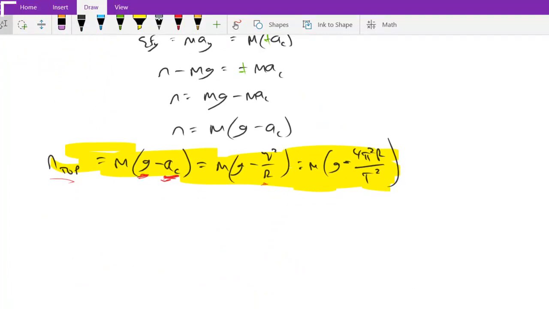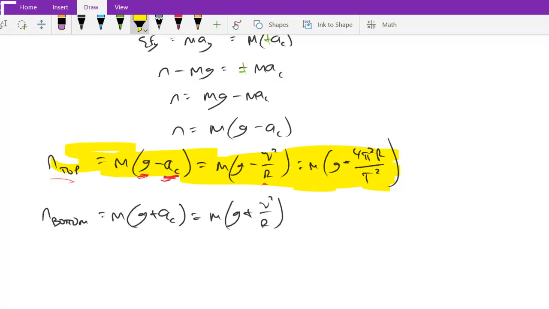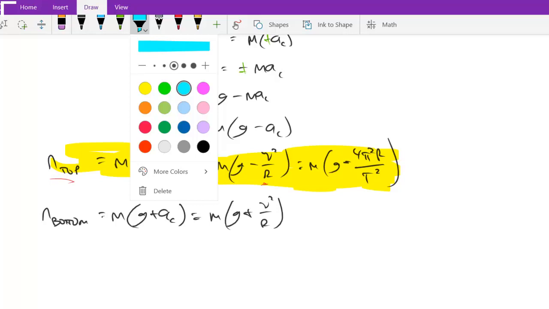Using the same derivation, the normal force at the bottom is equal to m times g plus a_c, or mg plus v squared over r, or mg plus 4 pi squared r over T squared. So this is our normal force at the bottom.